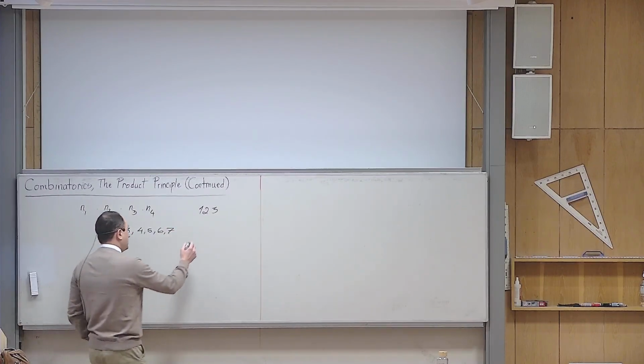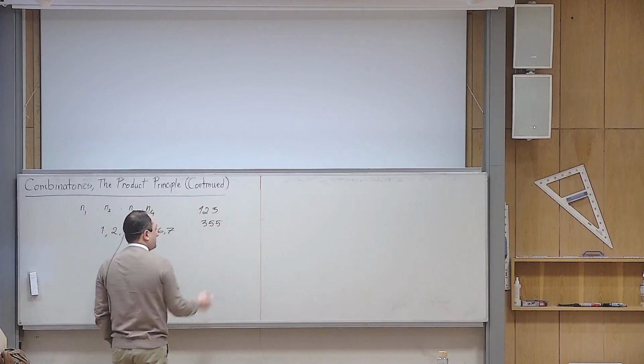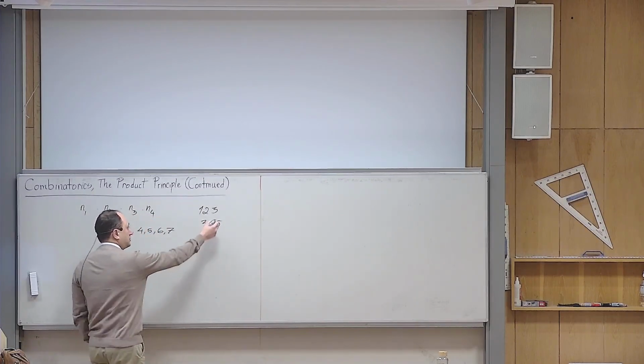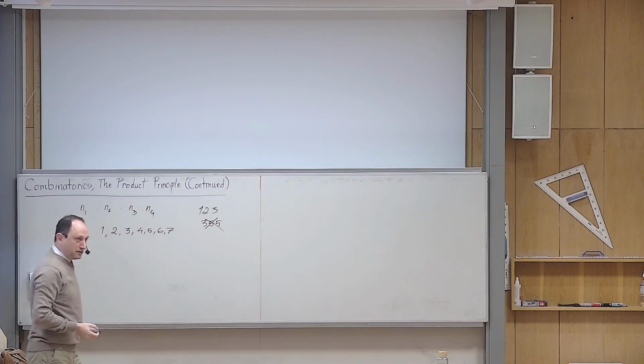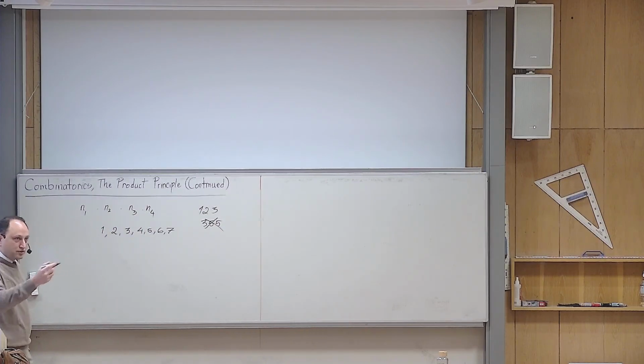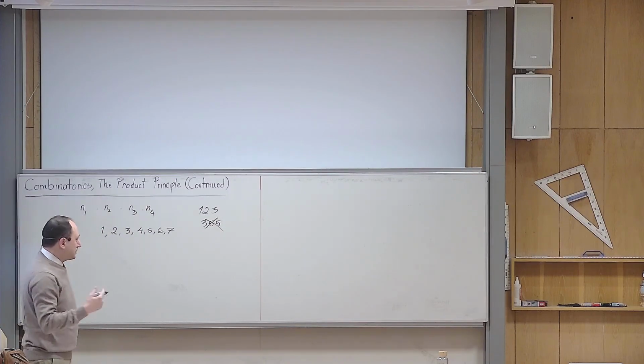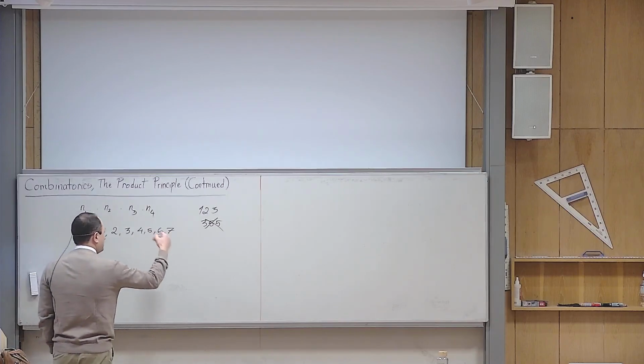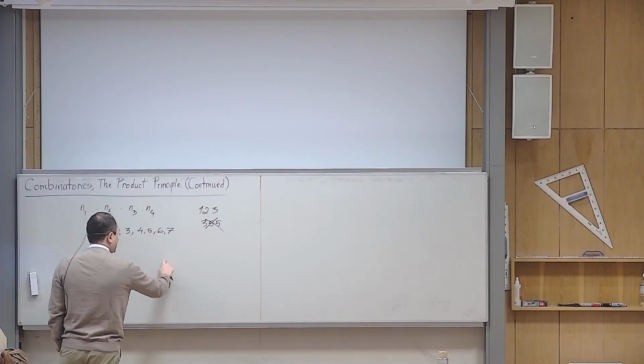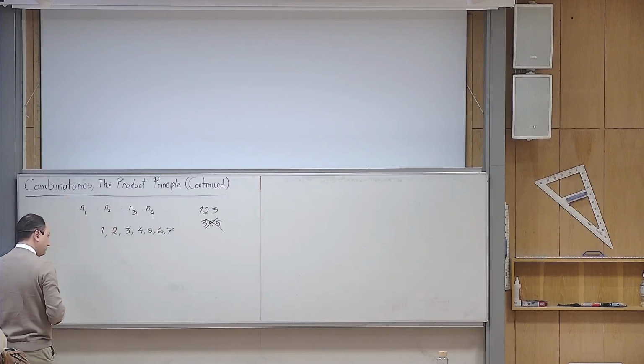For example, 355, is this acceptable? No. According to the condition of the problem, this is not acceptable, yes? So it is a very simple task to write that, but exactly what I'm saying is that if you can write it, in principle, if you analyze it a little bit, you can also count it.